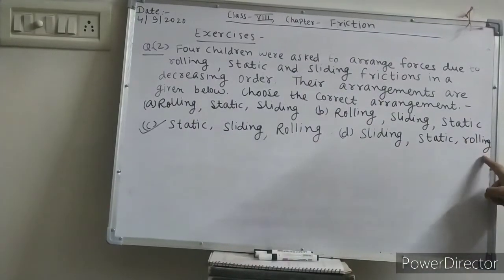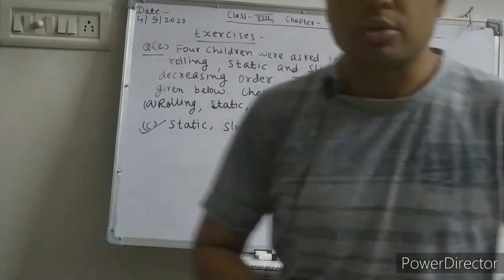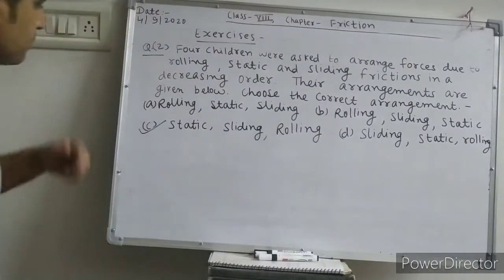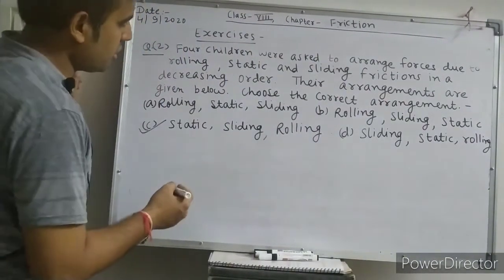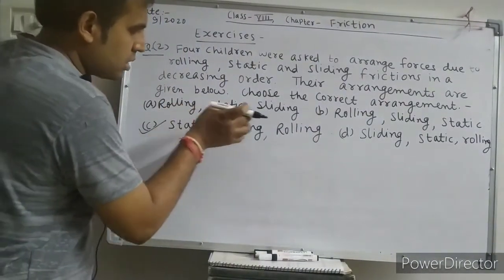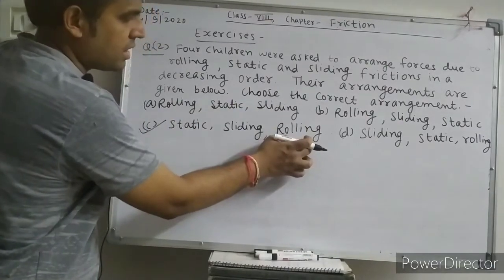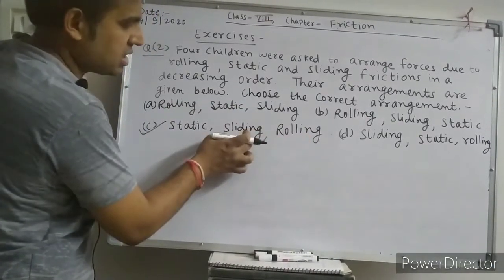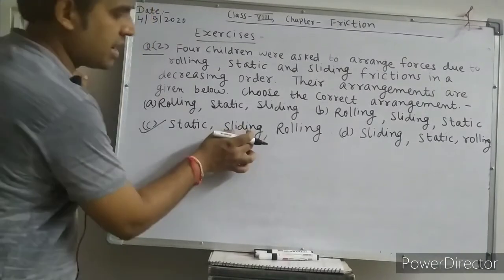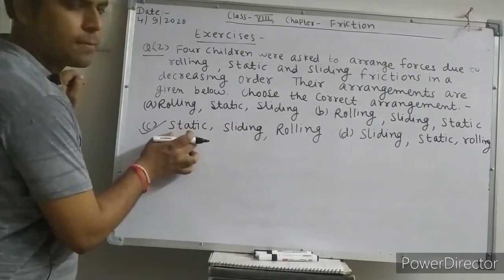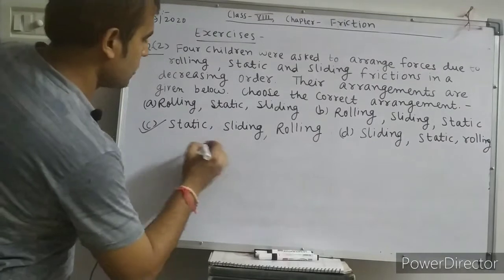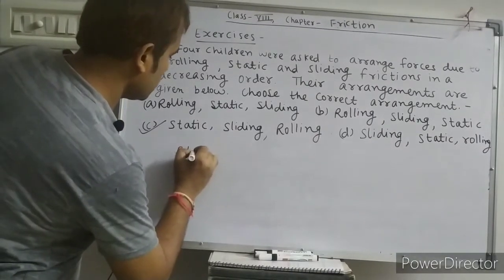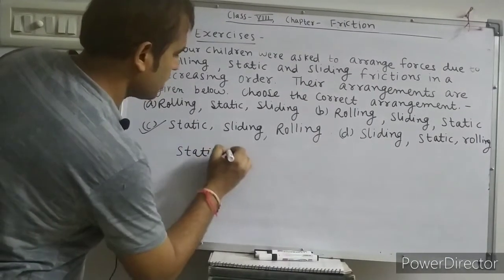Sliding, static, rolling. So decreasing order. You have discussed in previous assignments, you have seen that rolling friction is less than sliding friction, and sliding friction is less than static friction. So this is the decreasing order.